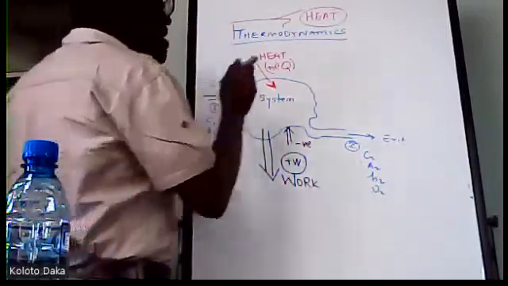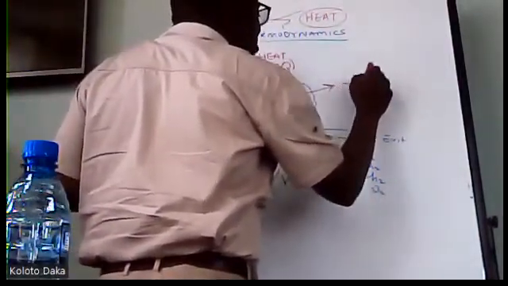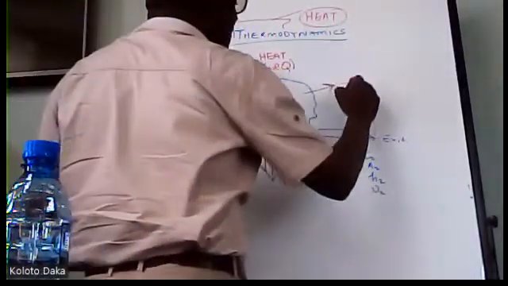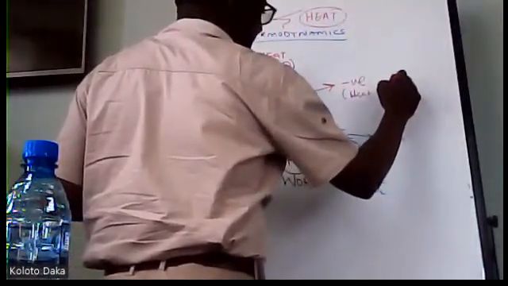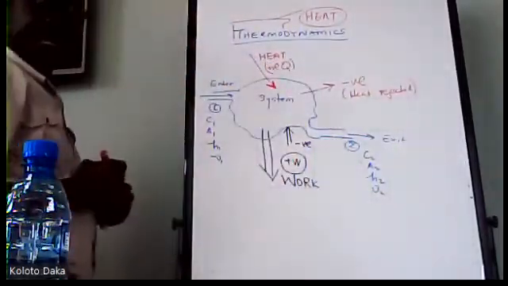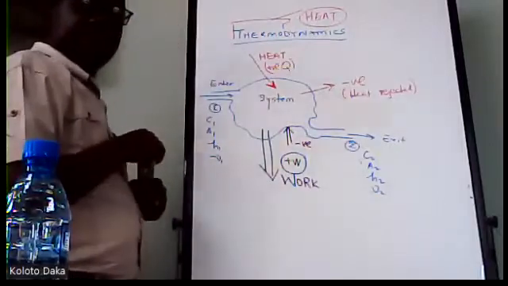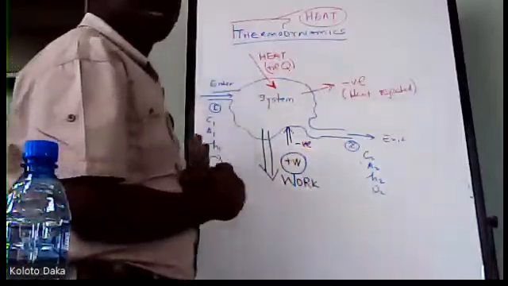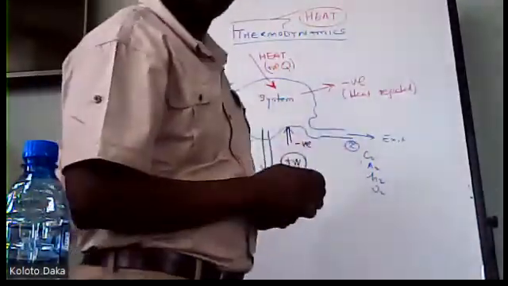When heat comes out of the system, it becomes what? Negative. This is when we say find the heat rejected. When heat is rejected, it means it is coming out of the system. And that is negative. Why is it negative?